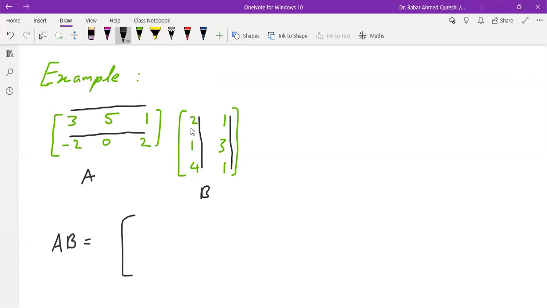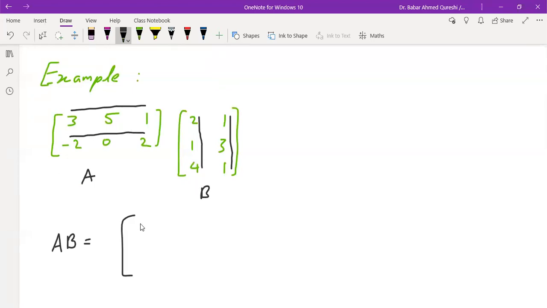You take the dot product of this vector with each of the rows. So can I do that? I can do that because I have three components in these rows and three components in these columns. Three components in the rows of A and three components in the columns of B. The components have to be equal if you want to make dot product of a row and a column.